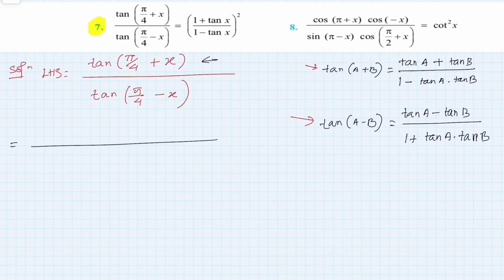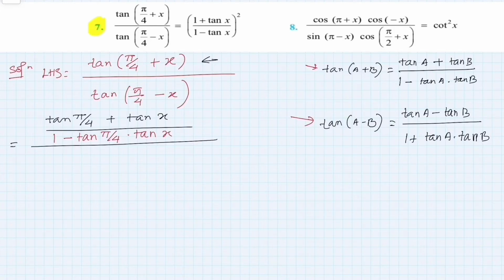If you apply here tan(a + b), then you will get (tan pi/4 + tan x) / (1 - tan pi/4 tan x).